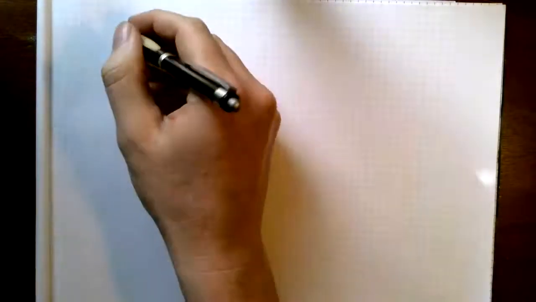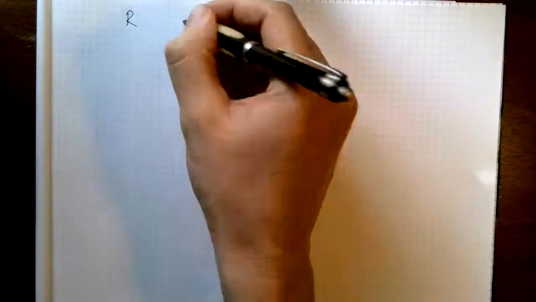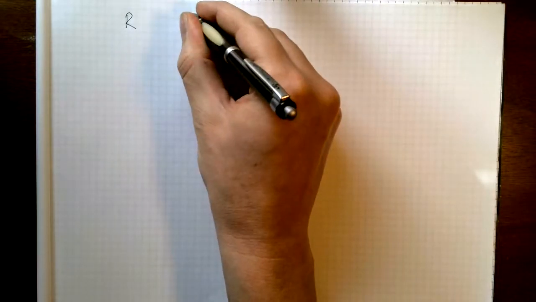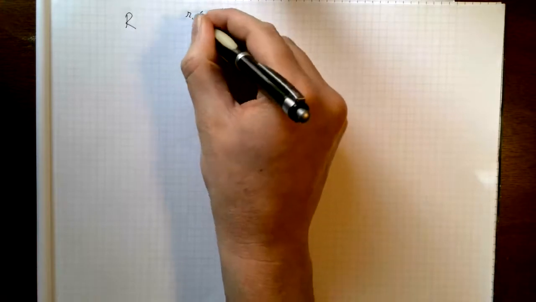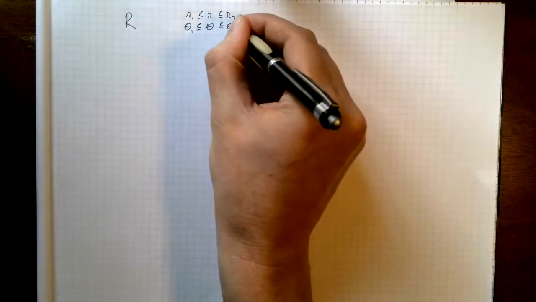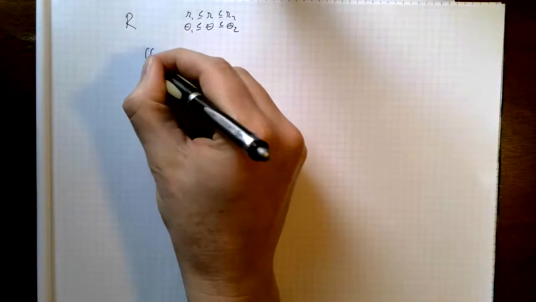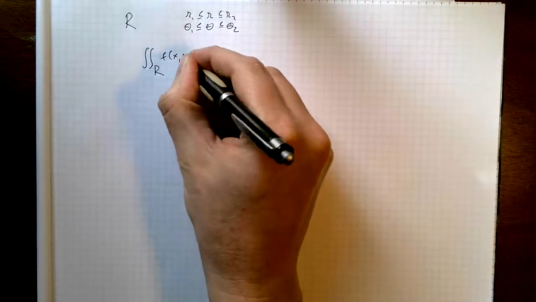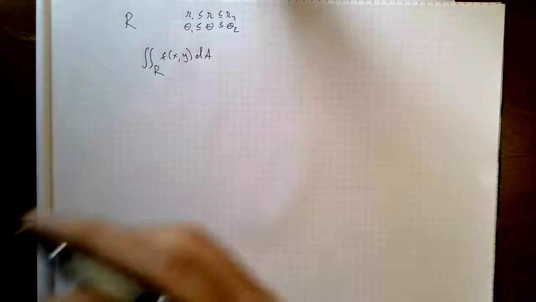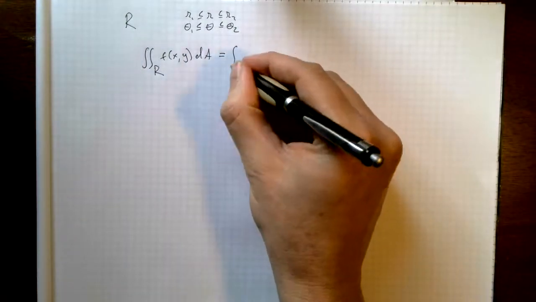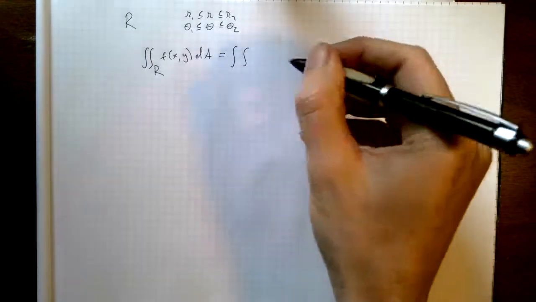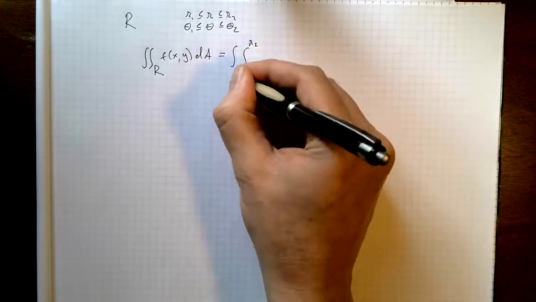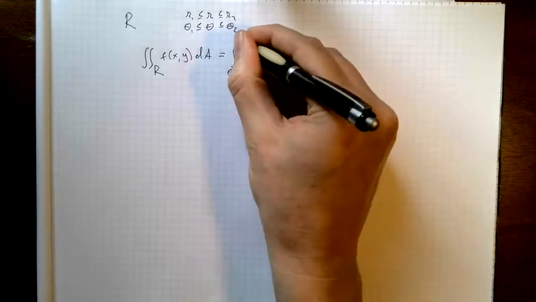So the general formula, if R is this polar rectangle, which is given by r between r1 and r2, and theta between theta 1 and theta 2, then the integral over R of f of x y dA is, I'm going to write it as an iterated integral, with the r inside, going from r1 to r2, and the theta outside, theta 1 to theta 2.